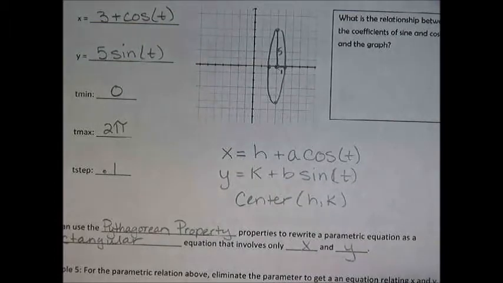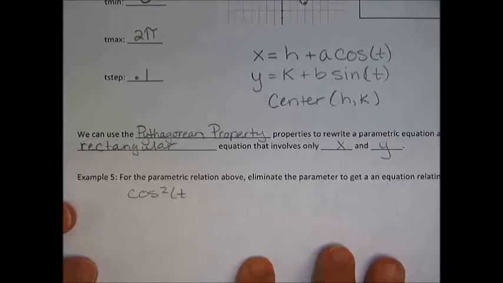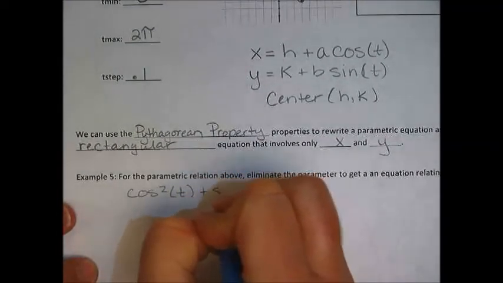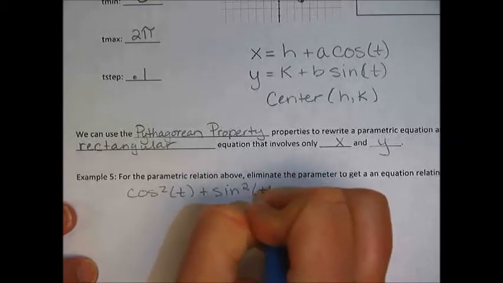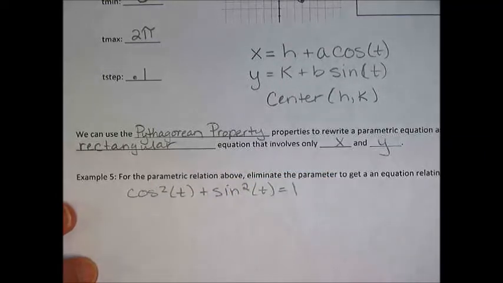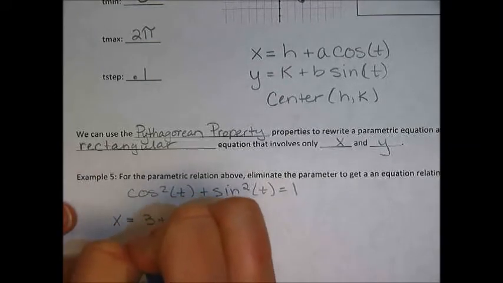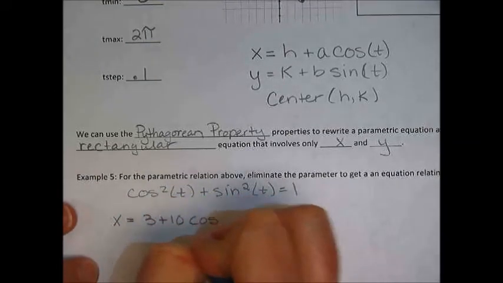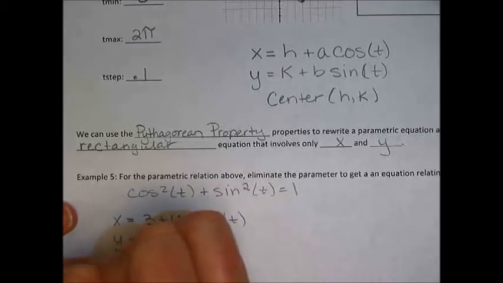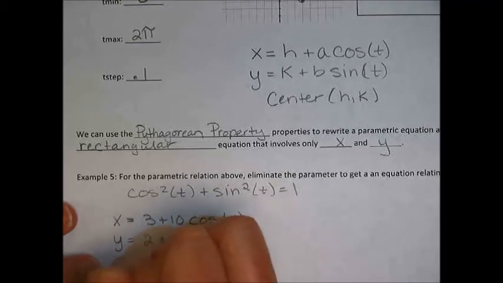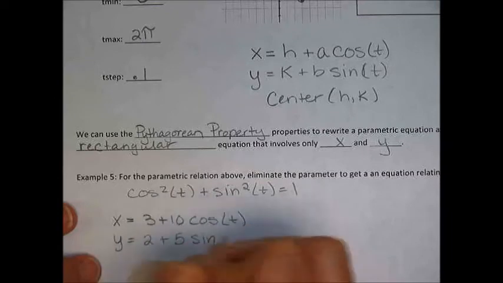So the steps to do that: the parametric equation, we know that the cosine squared of t plus sine squared of t, that's that Pythagorean theorem identity that we memorized, is equal to 1. We memorized that in chapter 4. So if we have an equation for x, and the equation I had was 3 plus 10 times the cosine of t, and we have an equation for y, I think I had 2 plus 5 times the sine of t.